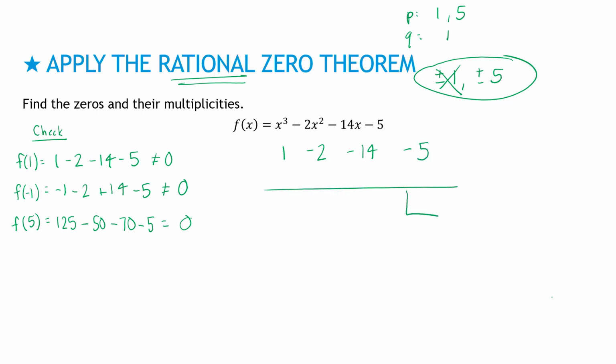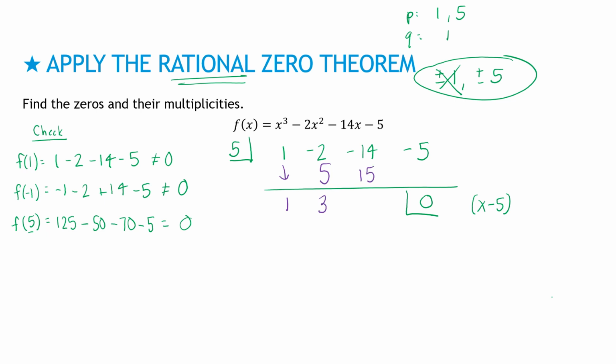Remember, when I divide, this should be 0, and I'm dividing by 5, which means the factor is x minus 5. That's where the 5 comes from. It's x minus 5. So how do I do it now? Bring down the 1. 5 times 1 is 5. Add those together.